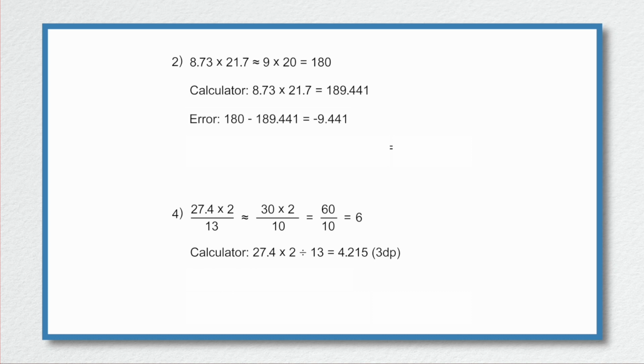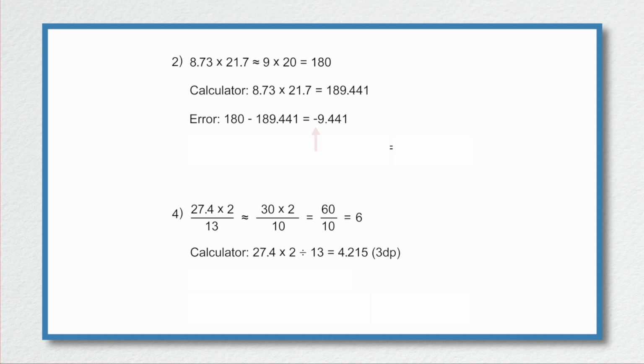So the error is 180 subtract 189.441, and that gives us the answer minus 9.441. Remember that this negative sign is telling us that our estimate is smaller than the actual value.